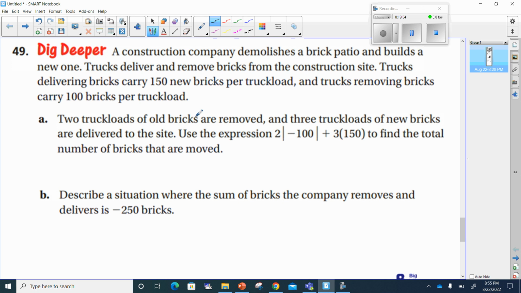It says 2 truckloads of brick are removed. Well, since they are removed, that's going to be 2 times 100, right? And 3 truckloads of new brick are delivered. Well, since there's 3 truckloads, that's 3 truckloads of 150.